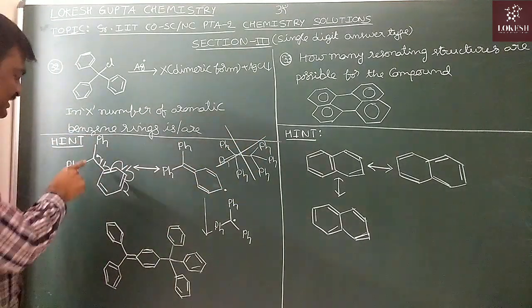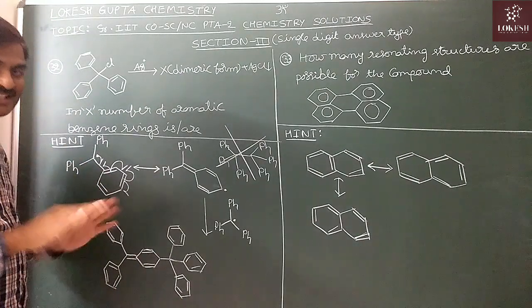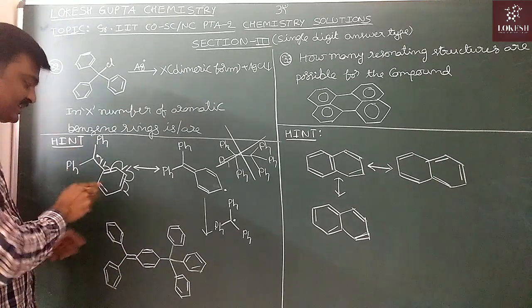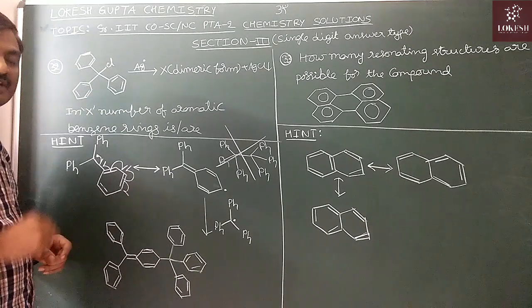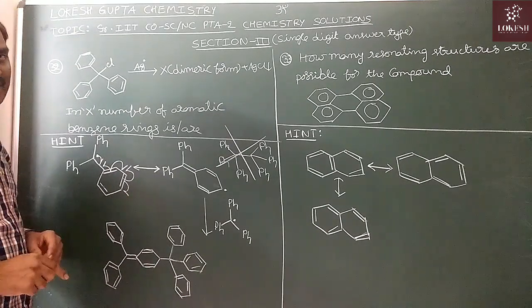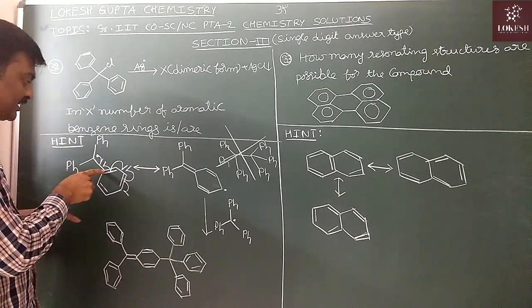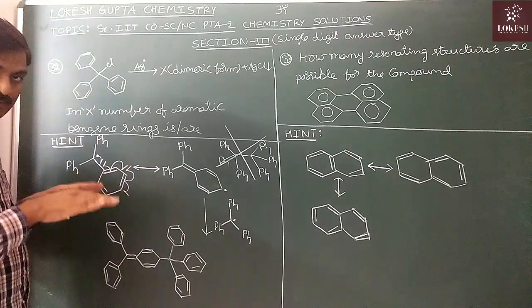Now see, this triphenyl methyl free radical is not planar. If it is planar, crowding will be there between these rings. To minimize the crowding, it exhibits a propeller shape. In that propeller shape, the carbon free radical and the directly attached ring carbons, these 4 only, are in the same plane.